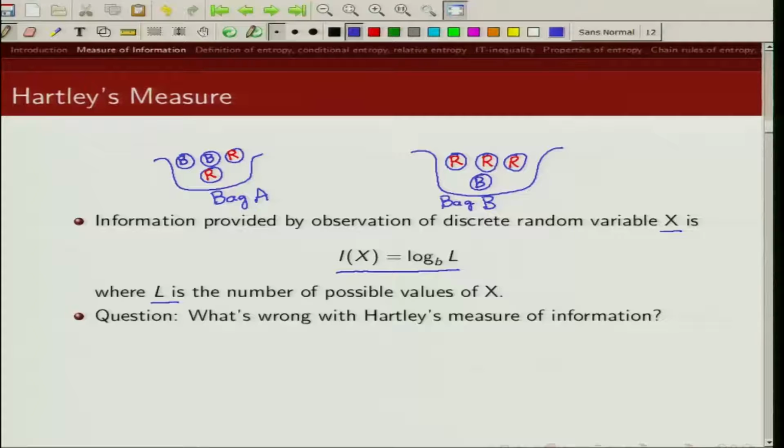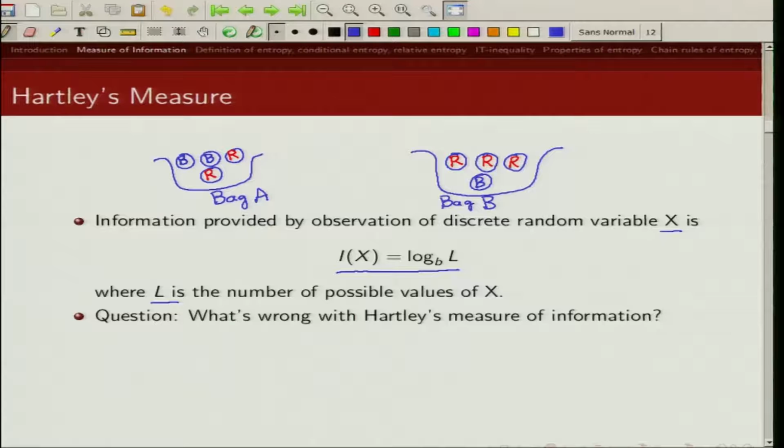Similarly, in bag B you have 2 possibilities. You can either get a blue ball or you can get a red ball. So according to Hartley's measure of information, the information content in both these bags is the same, because both have only 2 possibilities. But is the information content the same?